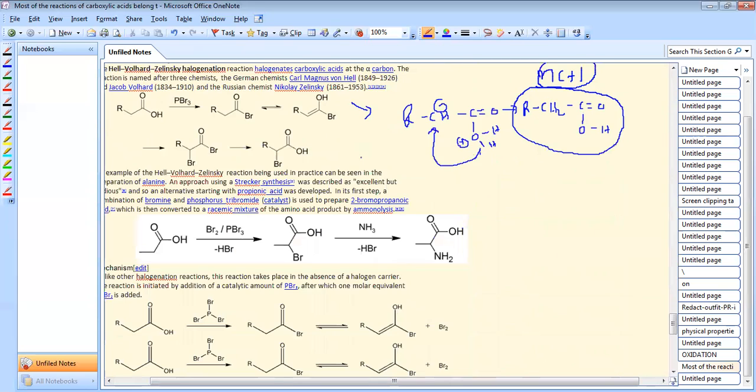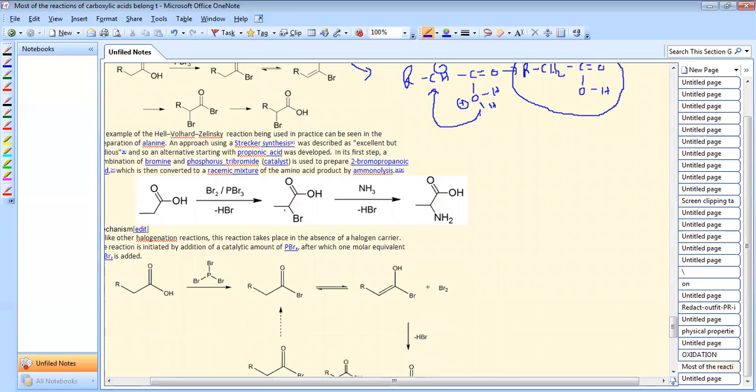Okay, and then the last one is the HVZ reaction. Here the HVZ reaction involves the reaction of alpha hydrogens. It was proposed by Hell, Volhard and Zelinsky, and in short it is known as the HVZ reaction. For this reaction, the condition is that the carboxylic acid should have at least one alpha hydrogen.